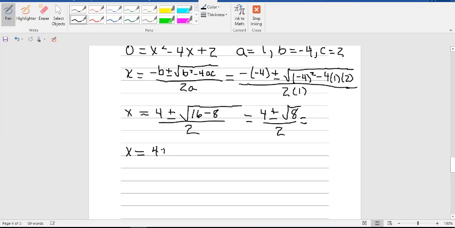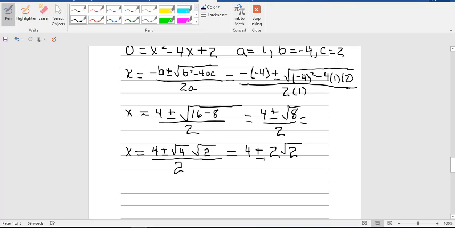So I have 4 plus or minus the square root of 8, all over 2. I need to simplify the square root of 8 by writing it as the square root of 4, which is the largest perfect square that divides into 8, times the square root of 2. So the square root of 8 simplifies to 2 square root of 2.